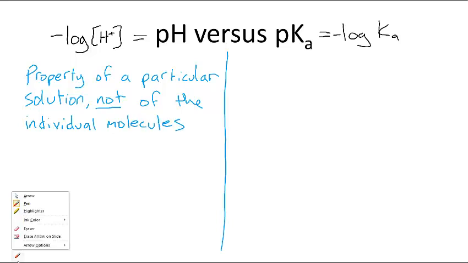Whereas Ka or pKa, that's a property of a given compound. So it's a property based on the molecules themselves, how willing they are to give up H plus.